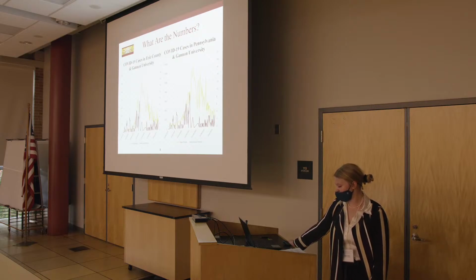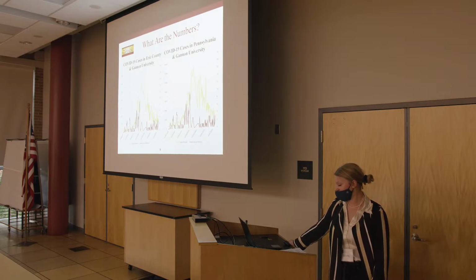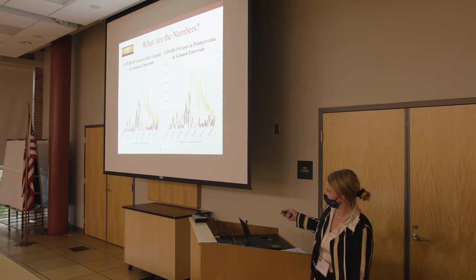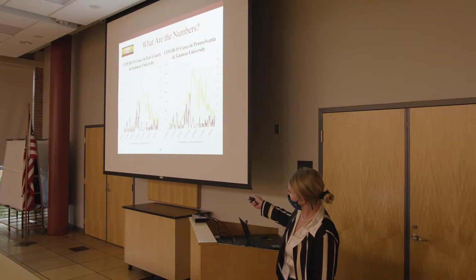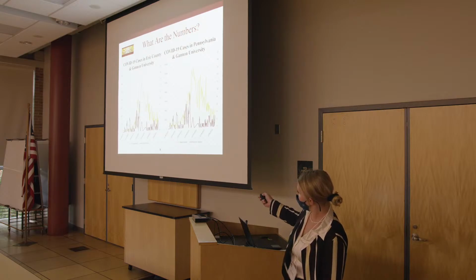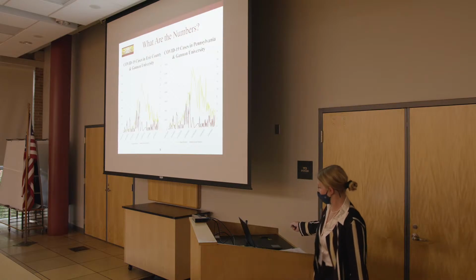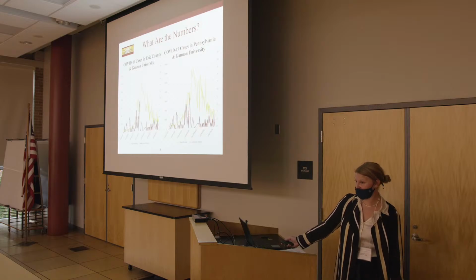Our data suggests that trends of positivity rates on campus are not largely due to differences in daily testing volumes, but rather they arise from unique features of the campus community, which cannot be easily projected by statewide or even community-wide trends. So as you can see here, this is the county positive, this is the state positive percentage, Gannon is down here, and we are seeing significantly different trends between the two.